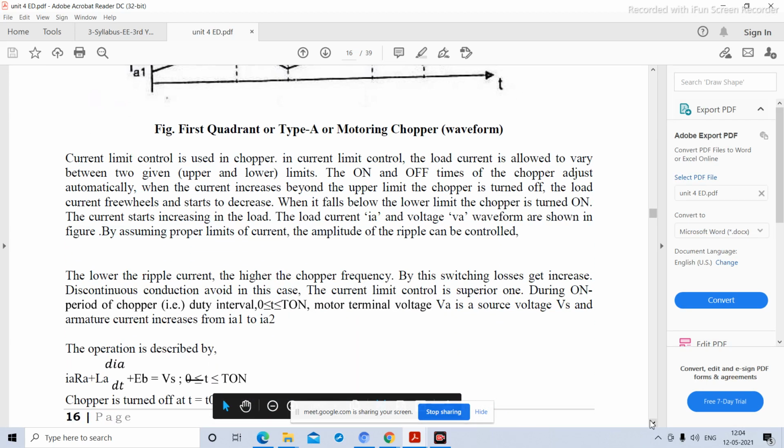Let's suppose ia is the instantaneous current across the load, EB is the back EMF, and Vs is the input voltage.